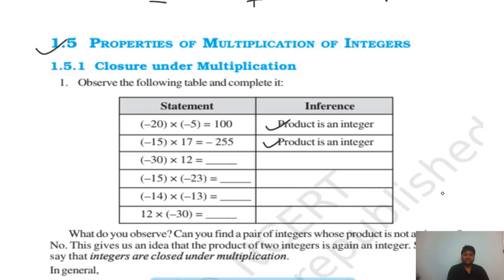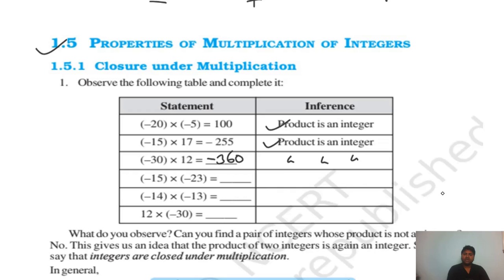Also minus 30 into 12: because one factor is negative and the other positive, the product is negative. 12 into 3 is 36, so we get minus 360, and this product is also an integer.